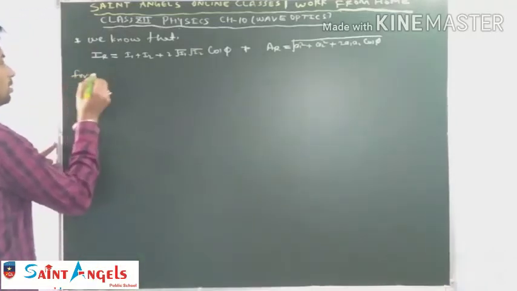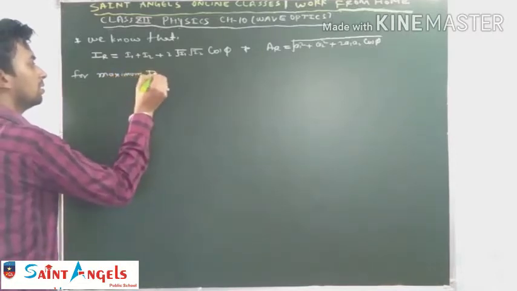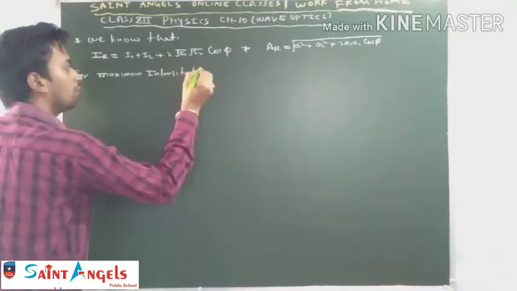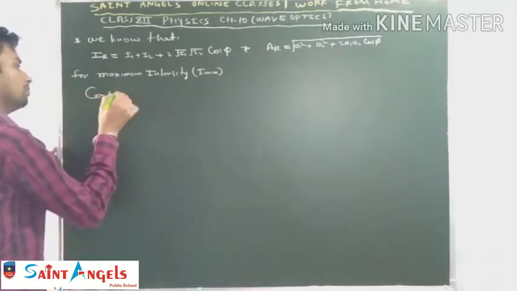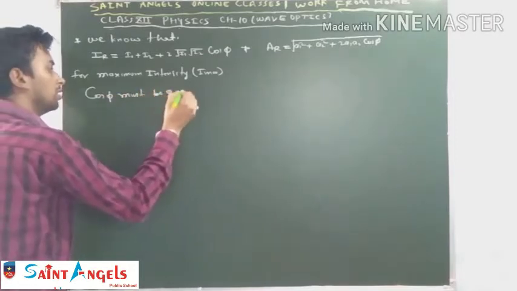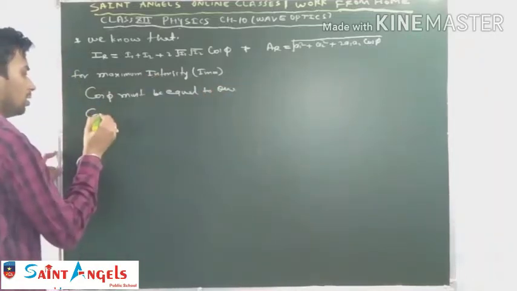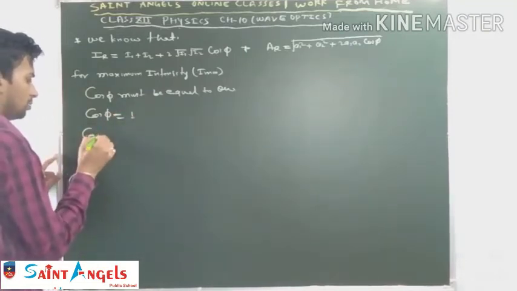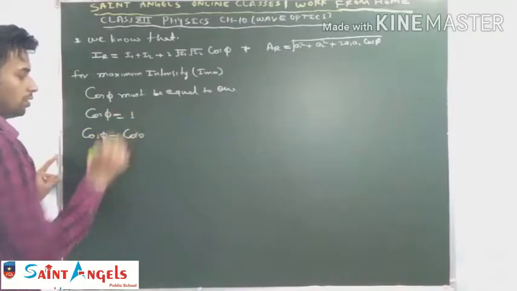For maximum intensity, that is for I max, cos phi must be equal to 1. It means for maximum intensity cos phi equal to 1. We know that the value of cos 0 is 1.